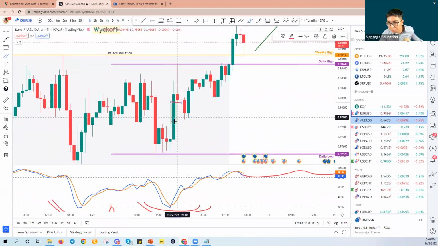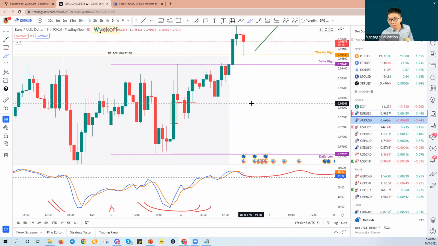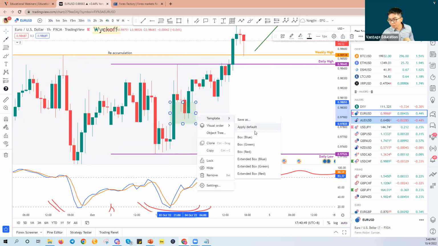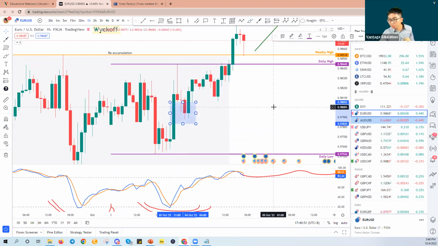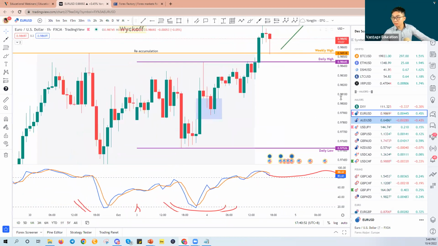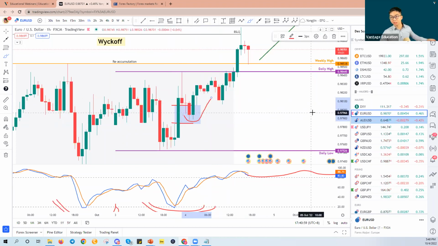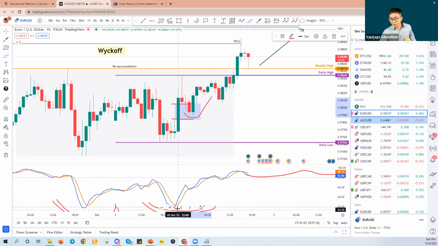Price did not come back in, but price went back down and created this nice market imbalance. So I'll mark this area as blue. You can see it nicely. Price came in, we created the market imbalance before price further headed upwards. And this is also in line with the Stochastic Oscillator.